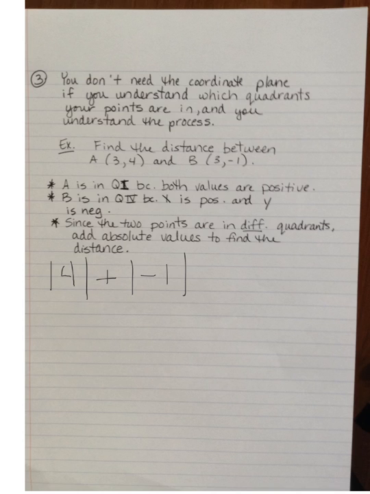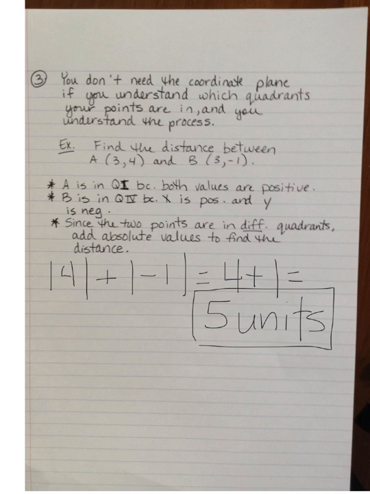I'm also using the y values because it's a vertical distance. The absolute value of 4 is 4, and the absolute value of -1 is 1, so this becomes 4 + 1, and my answer is 5 units. I didn't need to plot them. I could check it by plotting them on a coordinate plane and counting my units up, but if you understand the process, you don't have to do that.